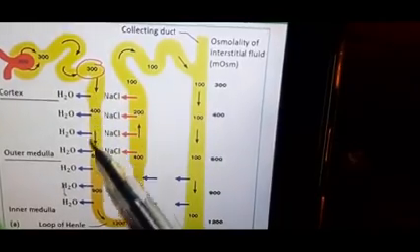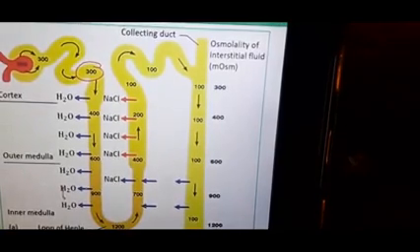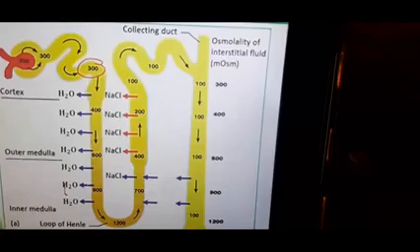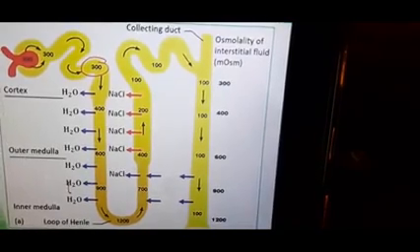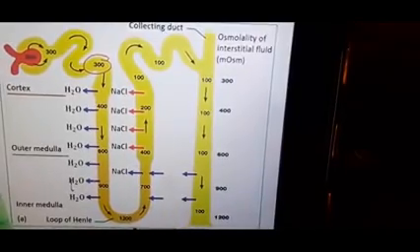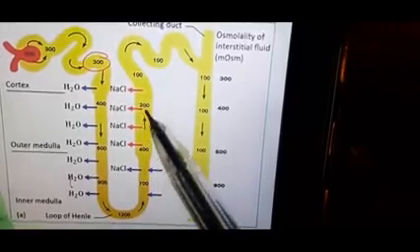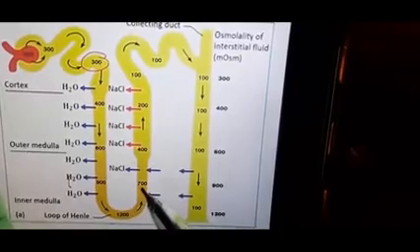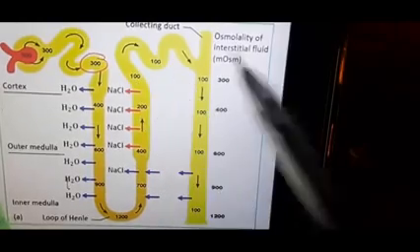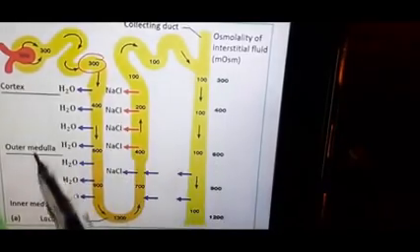Then it goes on becoming more and more concentrated, and by the time the filtrate reaches the peak of the loop of Henle, or you can say the inner medulla part of the loop of Henle, it becomes 1200. And then again it goes on becoming hypotonic. So you can see from 1200 it became 700, then 400, then 200, then 100, again like this.